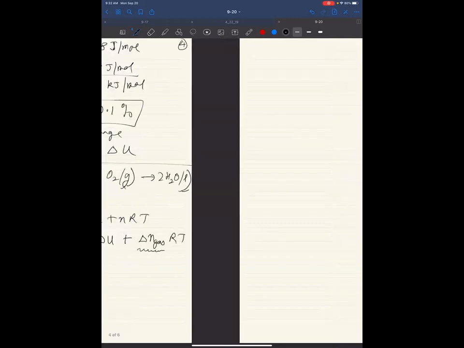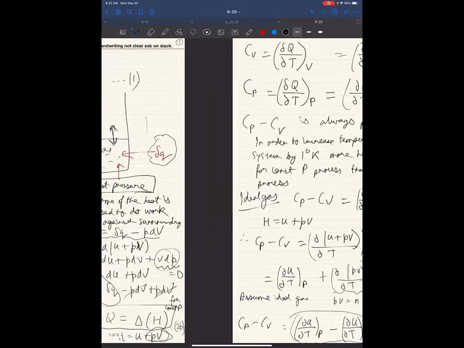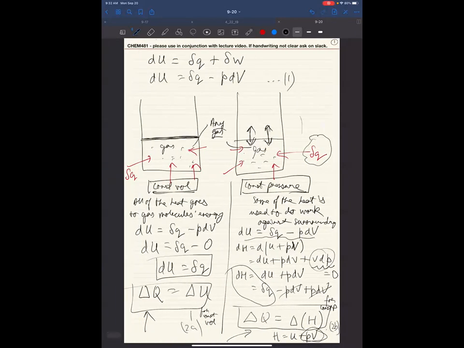Path functions are ugly; they're hard to deal with. You cannot differentiate them. You need to know exactly how things were carried out. State functions are wonderful. It just doesn't matter. So that's what we did. Before I go further, I will re-emphasize this. For a constant volume process, the heat, which is a path function, is equal to the change in a state function, the internal energy of the system.